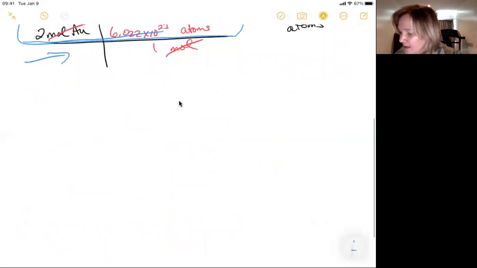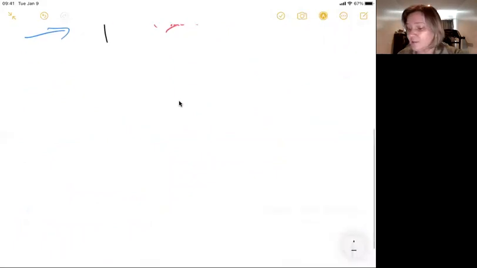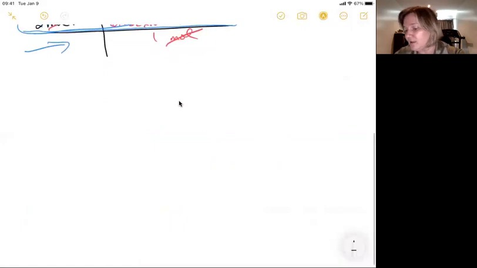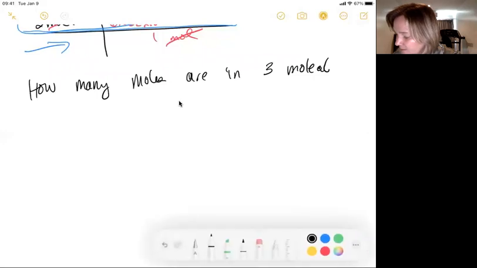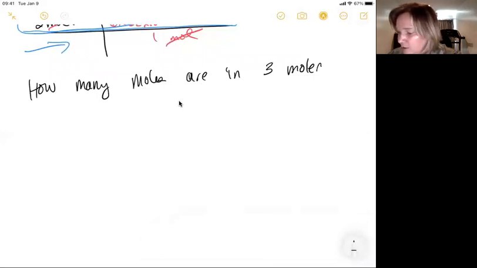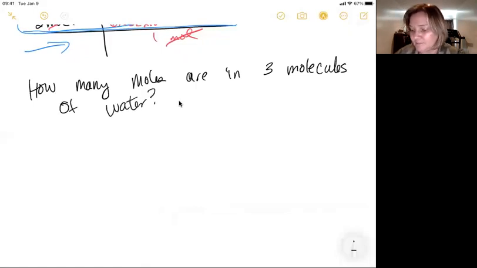Let's try another one, but let's try something in a different format. How many moles are in 3 molecules of water?